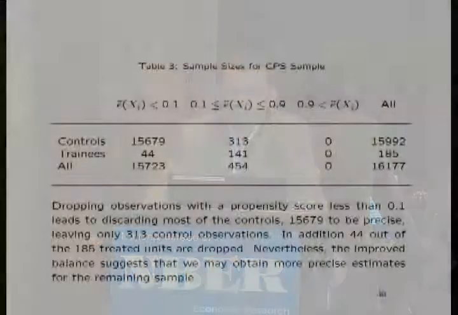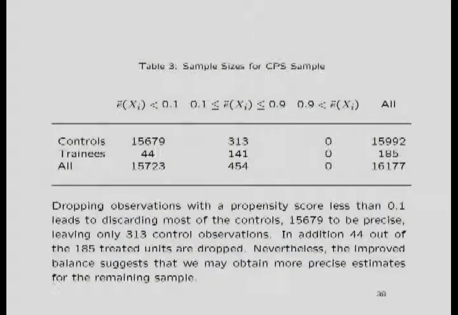Most of these individuals, you can't imagine them being in these programs, and they clearly are not helpful for estimating the effect of the program. And the way that shows up in the statistical analysis is that for most of these individuals in the CPS, the propensity scores are extremely small. They're essentially 0, and they're only positive because of the logit model that is used to estimate the propensity score.